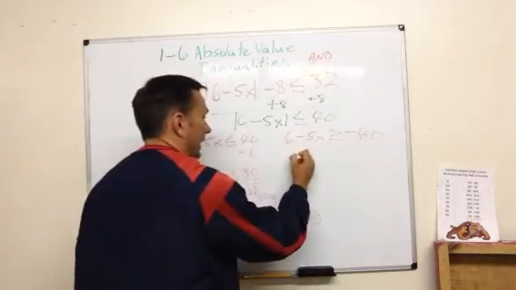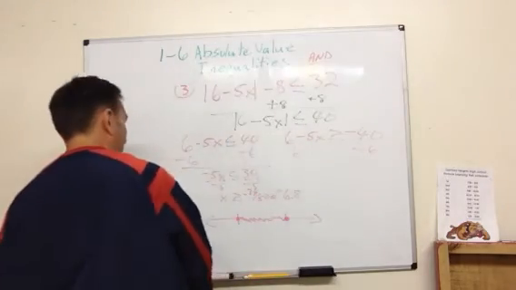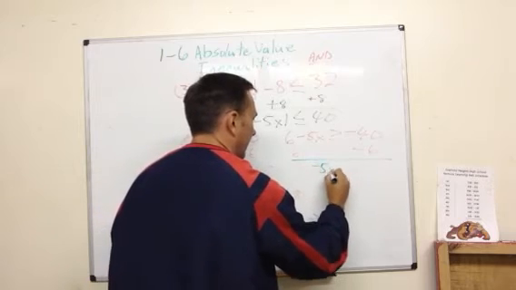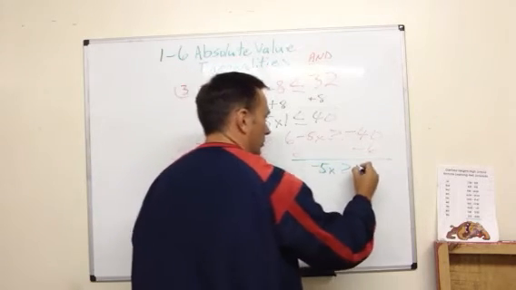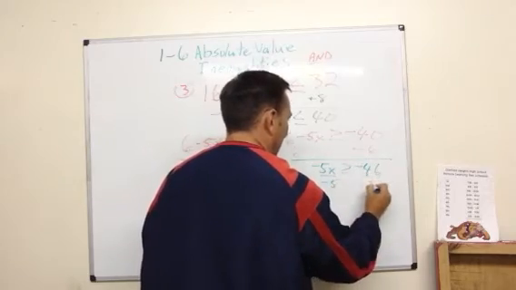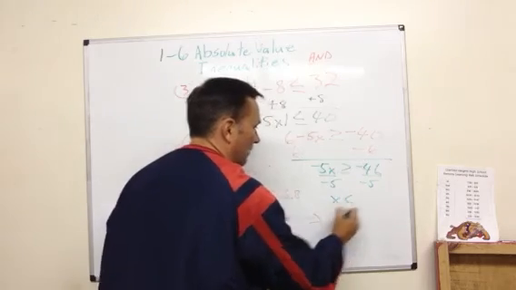Over here, again, I'm adding negative 6. Negative 5x greater than or equal to negative 46. Divide by a negative 5. Oops, I divided by a negative 5. Yes, I need to flip my inequality.